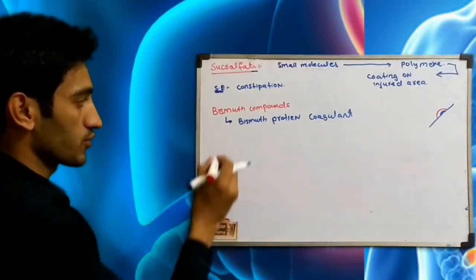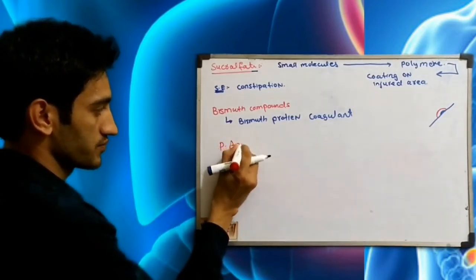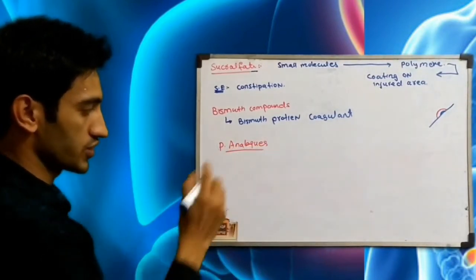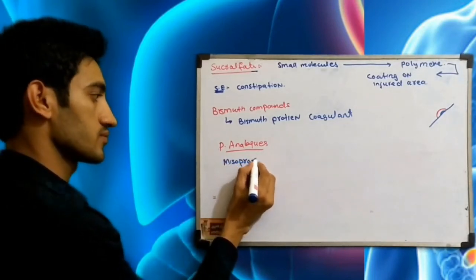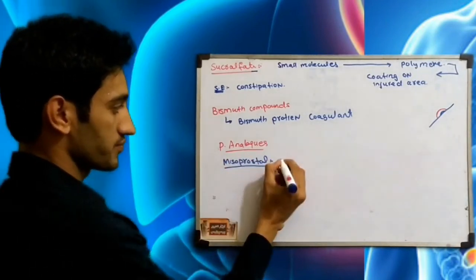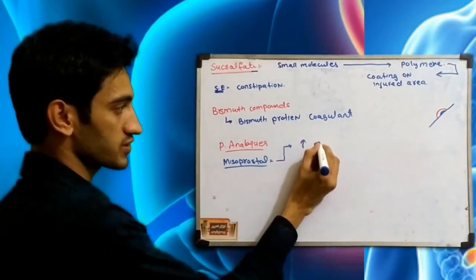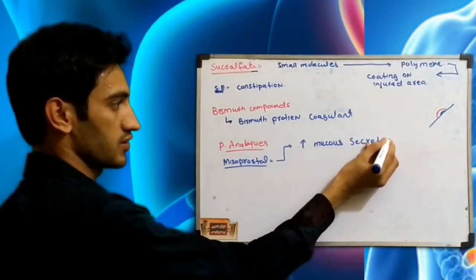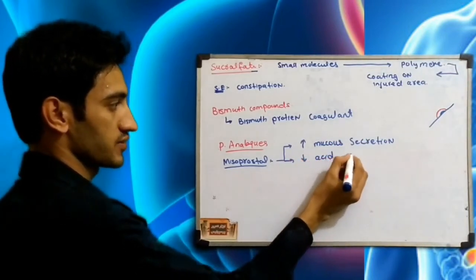Another drug which increases the mucosal defense is prostaglandins analog. This includes misoprostol. What is the mechanism? This drug increases mucus secretion and decreases acid production.